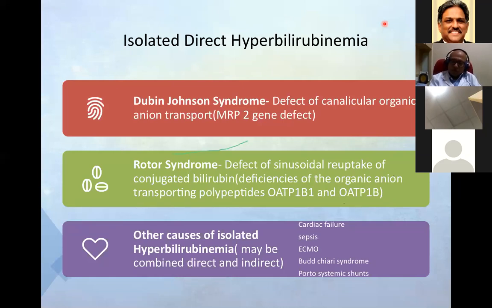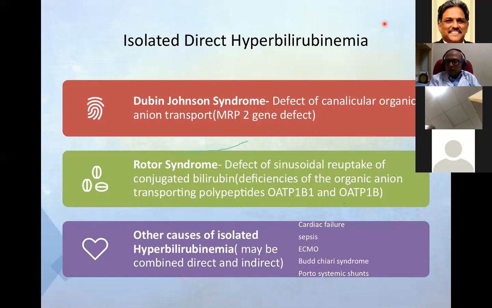By about 4 hours, most of the gallbladder should be full, and you should be seeing the bile ducts as well when you do this scan after the administration of labeled HIDA. But in Dubin-Johnson, the gallbladder may not be visualized even after 4 hours. So this signifies a defect in the excretion of bilirubin.